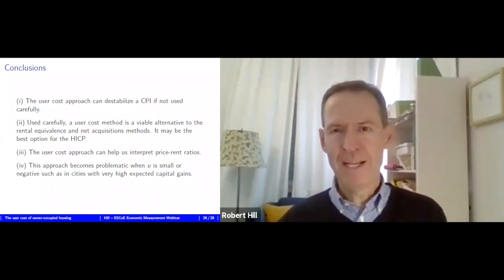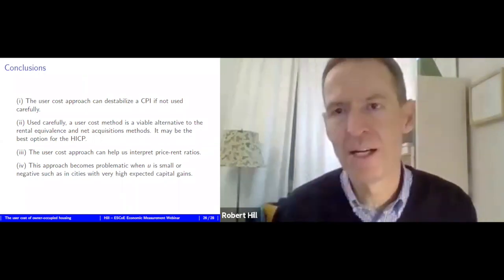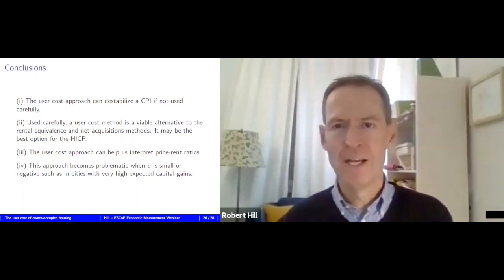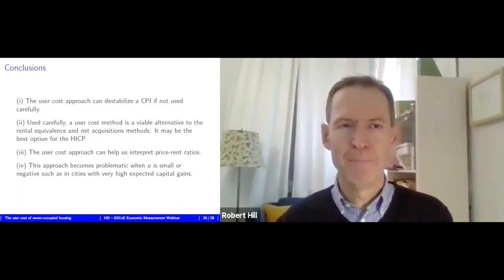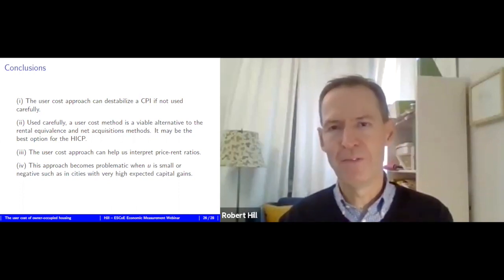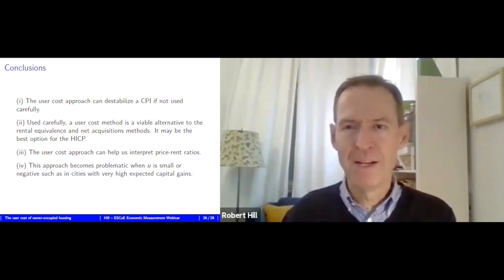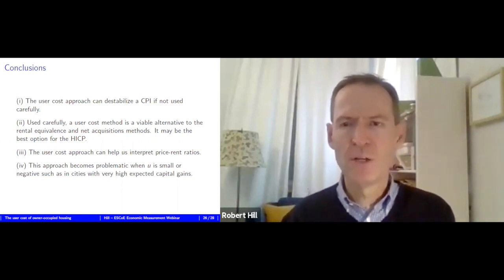That's true, but on the other hand, whether you extrapolate over a short time horizon or use the actual observed ex post capital gains, you can end up having such a destabilizing effect on the CPI that it would create serious problems for a central bank, particularly one that is inflation targeting. Right, so this is going to imply maybe huge fluctuations in interest rates as well to deal with it.